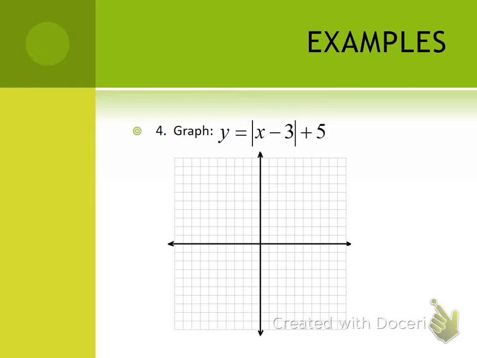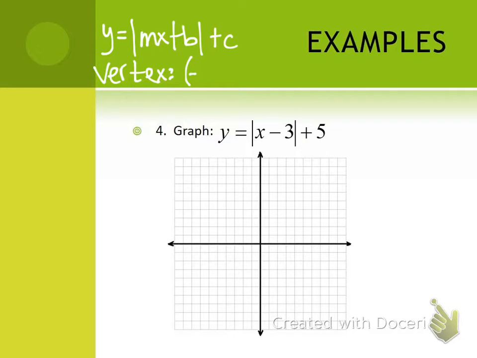All right, example 4. Again, while you copy this down, I'm going to write up our general form up here. Y equals the absolute value of mx plus b plus c. We find a vertex by using negative b over m comma c.